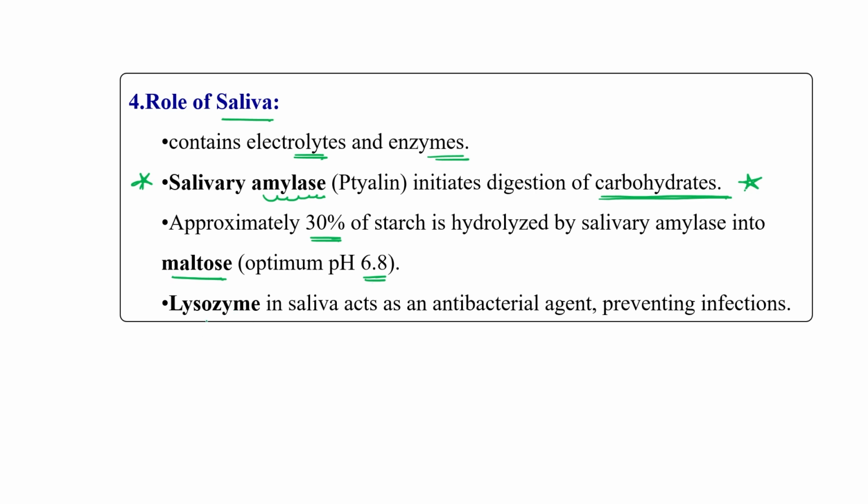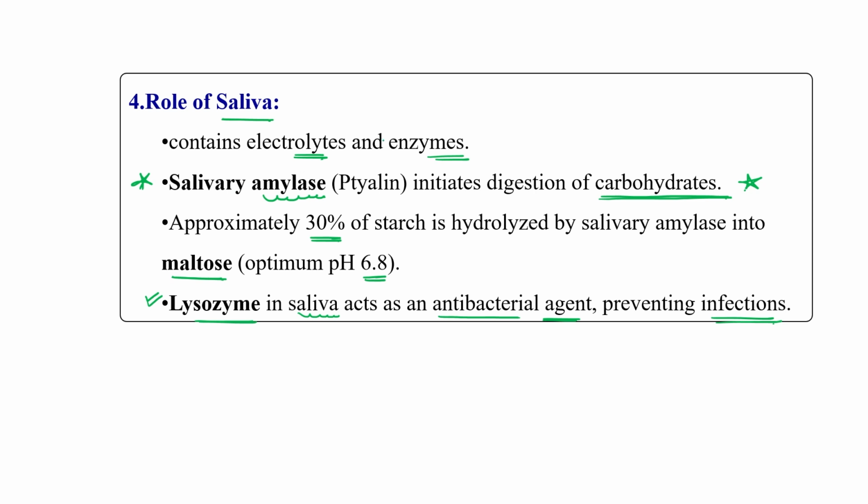Now another enzyme known as lysozyme is also present in the saliva. Why is there a need for lysozyme in the buccal cavity? Lysozyme acts as an antibacterial agent which prevents infection. By mistake, if you eat without washing your hands, or by mistake any bacteria comes into the oral cavity, that time lysozyme immediately kills that bacteria in the mouth cavity itself, so it prevents any kind of infection.